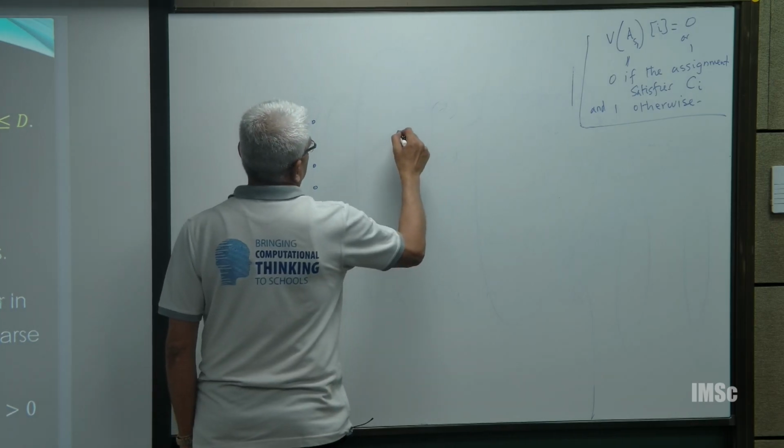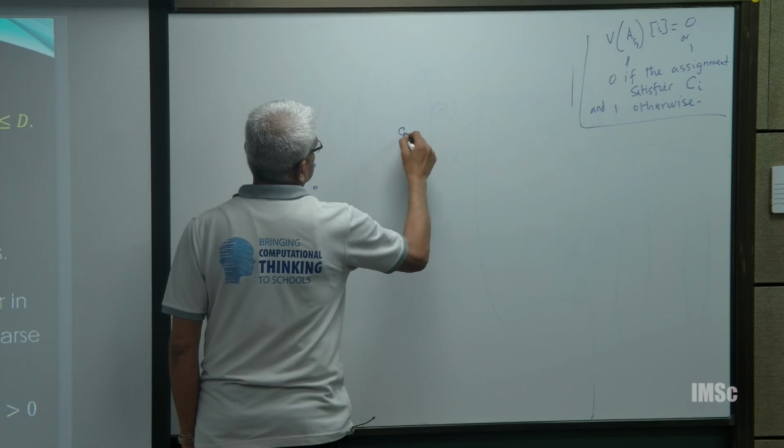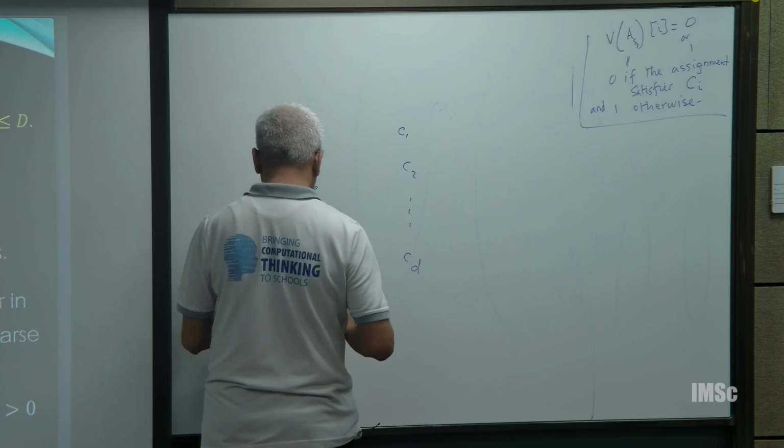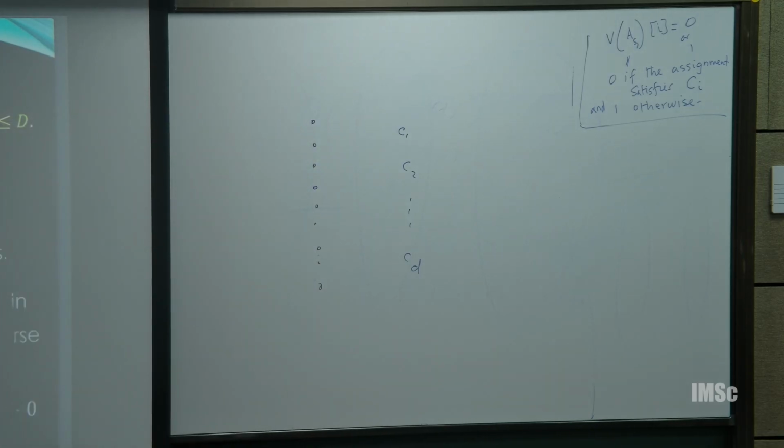And there is dimension, let us say C1, C2, CD. Why do I have two sets of vertices?